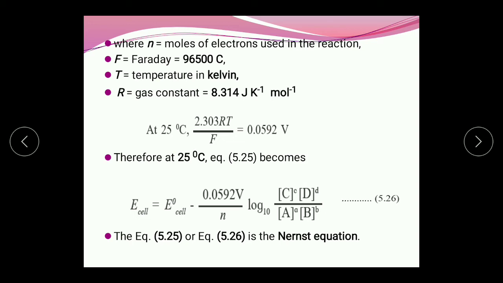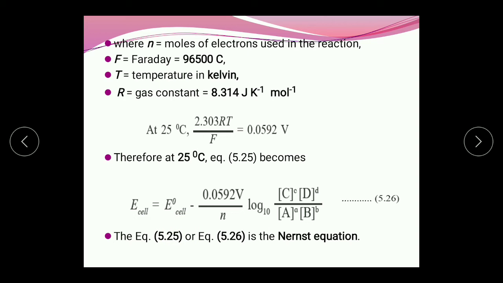And what do they tell us? They tell us about the dependence of cell potential on concentration. That means if concentration varies, then the potential varies. Now, in this equation, what is E0 cell? The first term is the standard state electrochemical potential.